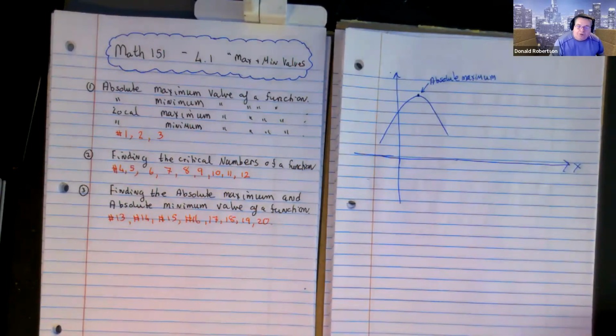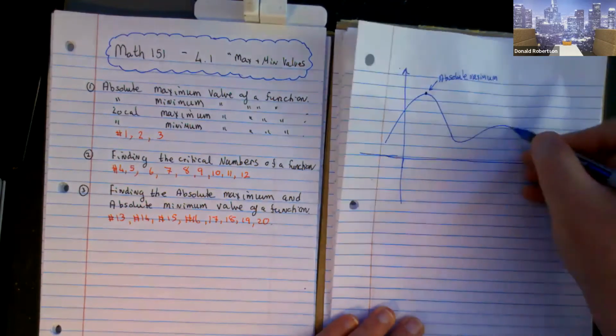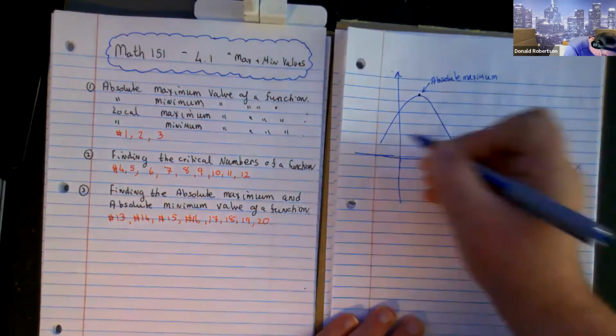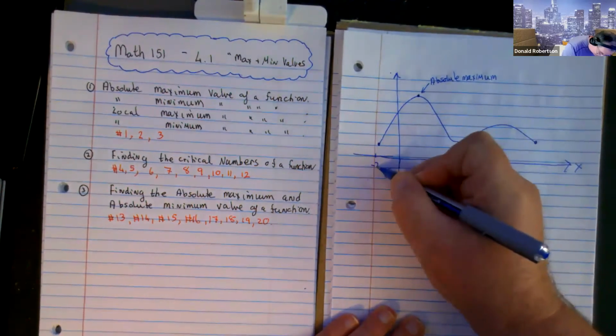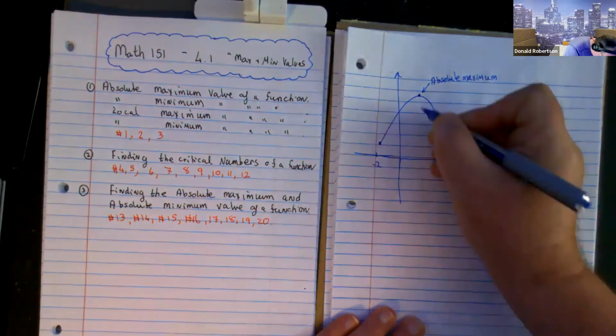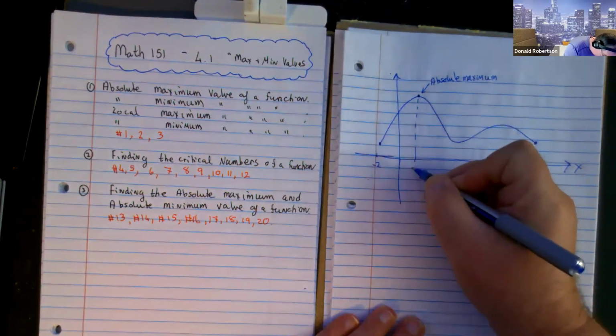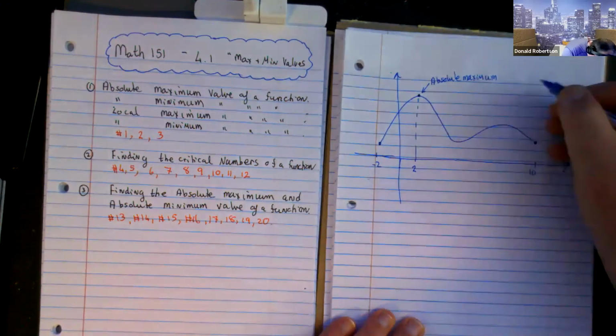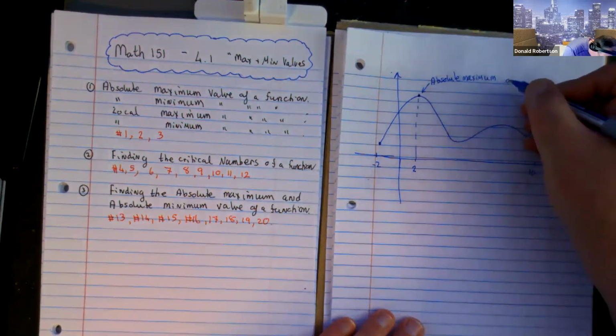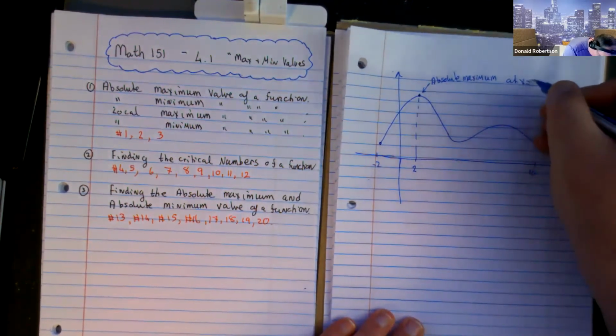That is a point on the graph that is higher than anything else. So can you imagine the function had a starting value and a finishing value? And that guy there was say 2. So you would say that there was an absolute maximum at x equals 2.